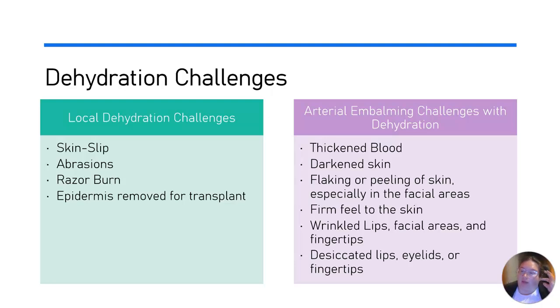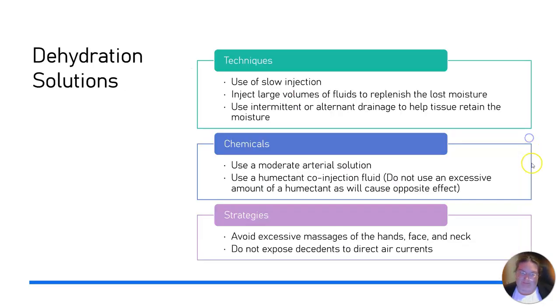With arterial embalming challenges, you have thickened blood, darkened skin, the face areas and hands can be flaky or peely. The skin can feel firm. You have wrinkled lips in the facial areas and the fingertips, and desiccated lips, eyelids, or fingertips.